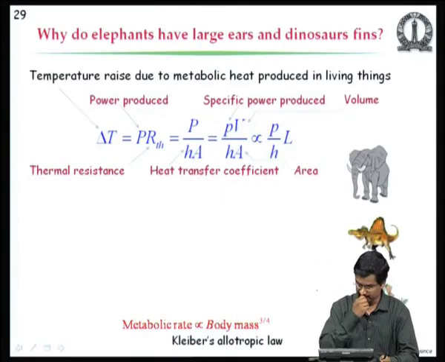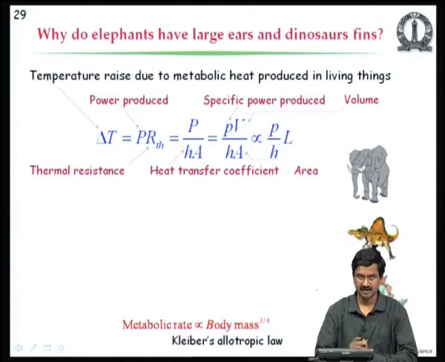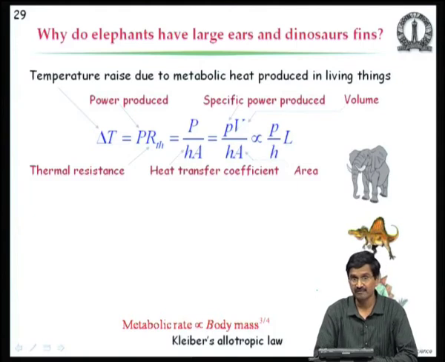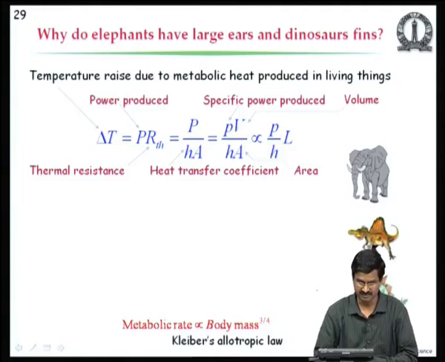Now, let us discuss a few more things with regard to the thermal aspects. You might have wondered, why do elephants have large ears and dinosaurs fins? Large animals tend to have large ears. The reason for that has to do with the dissipation of heat, because of the temperature rise due to metabolic heat produced in animals.